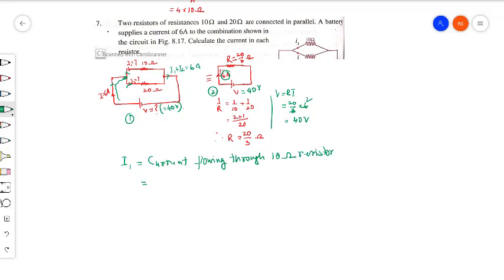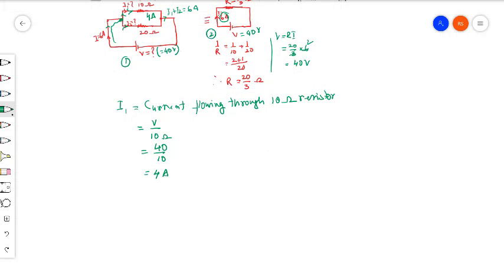So I1 is V divided by 10 ohms, that is V is 40 by 10, so this is 4 ampere. So the current I1 is 4 ampere.